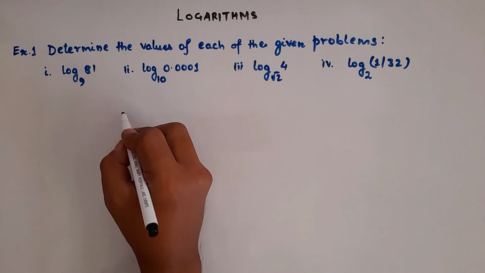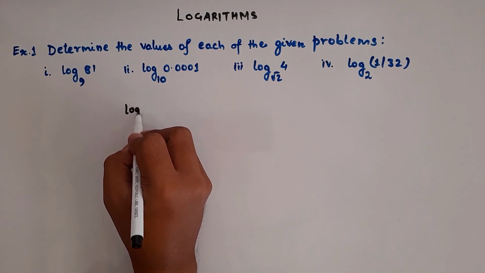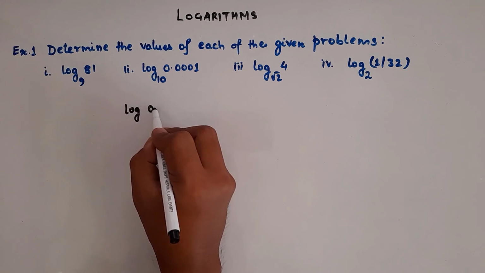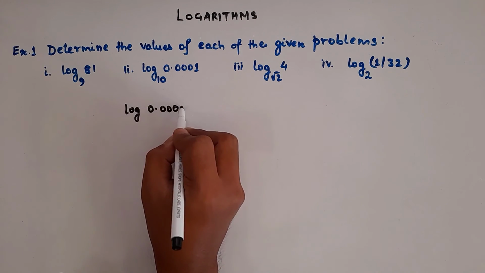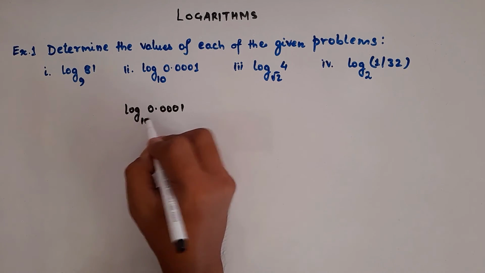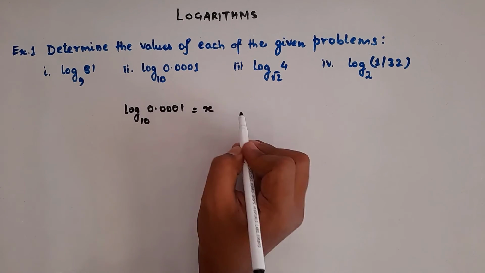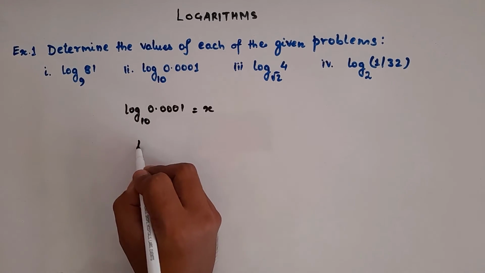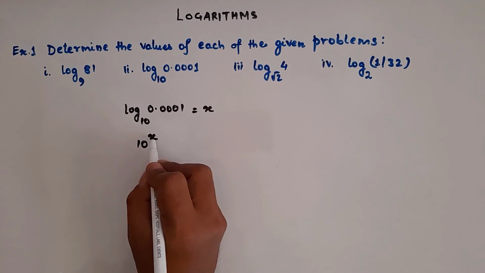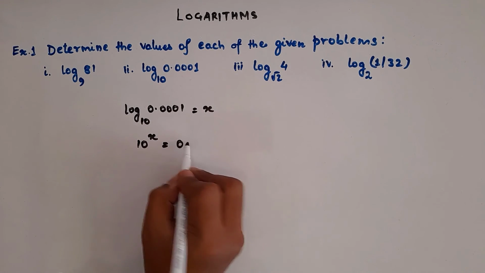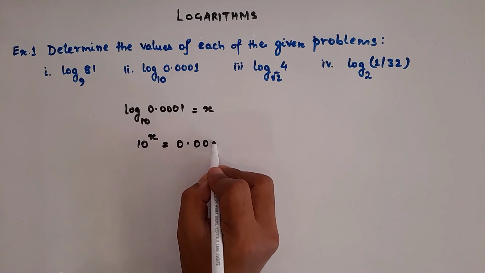The second problem is we have to find out logarithm of 0.0001 with the base of 10. So let's assume that this value is equal to x. Now according to the definition, 10 raised to the power of x is 0.0001.